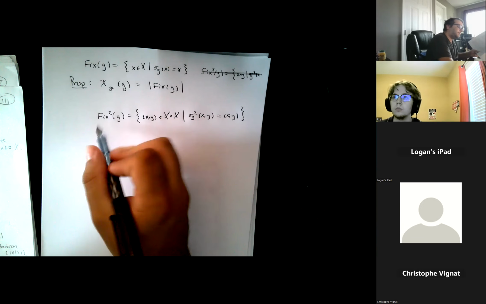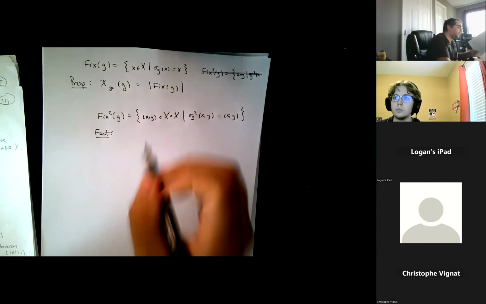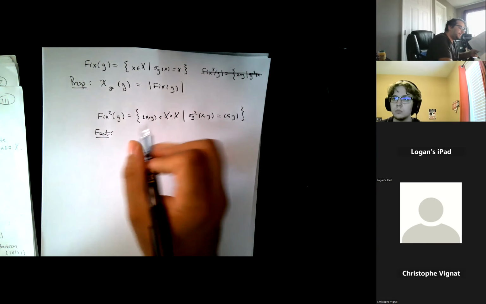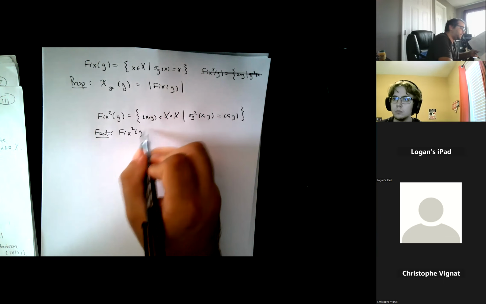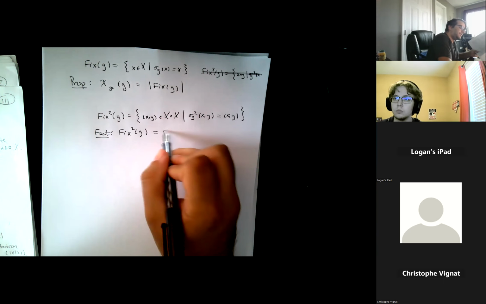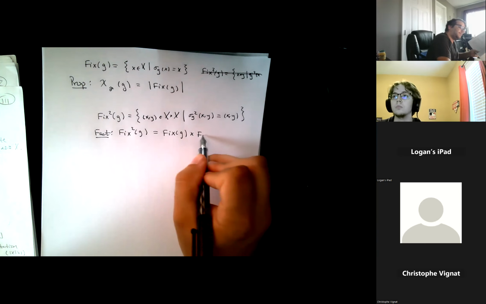And there's a proposition, I'll just state it as a fact, it's in Steinberg's book, it's 2 or 3 lines long, but it says that Fix_2(g) is equal to Fix(g) cross Fix(g).